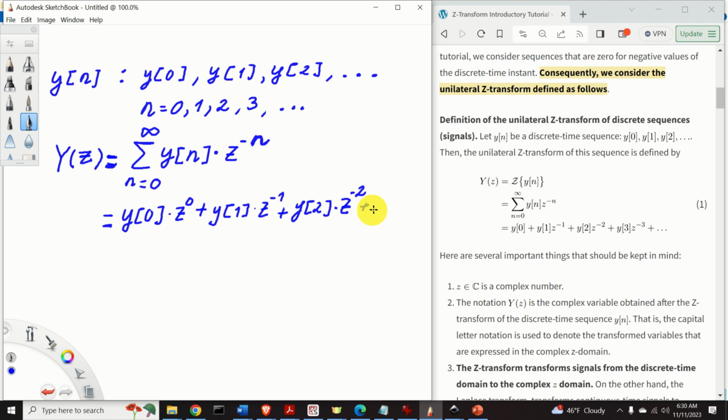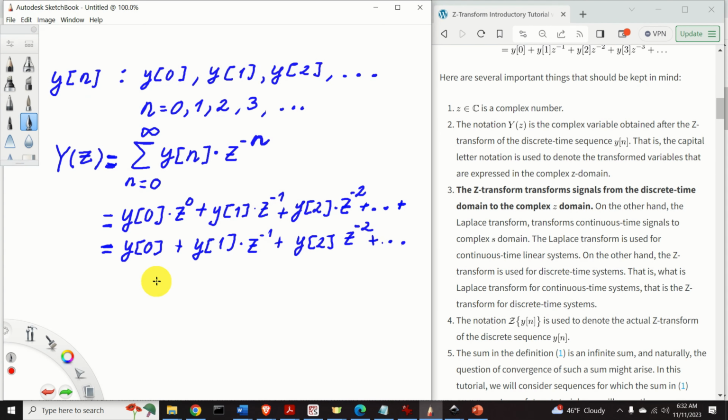And we continue like that. This sum is actually equal to y of 0 multiplying z to the power 0, which is actually 1, plus y of 1 multiplying z to the power minus 1, plus y of 2 multiplying z to the power minus 2, and so on.